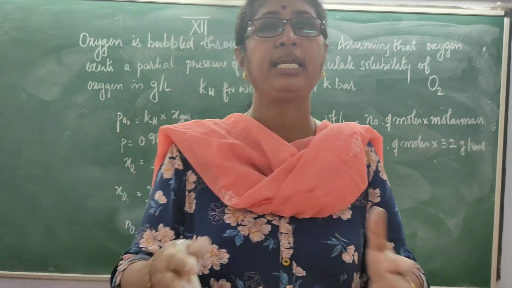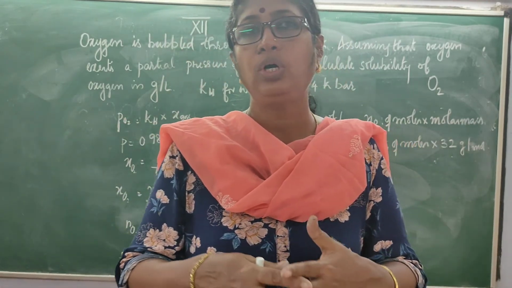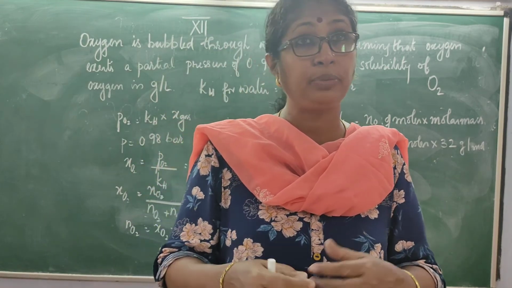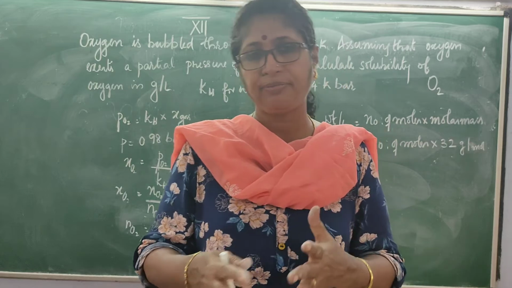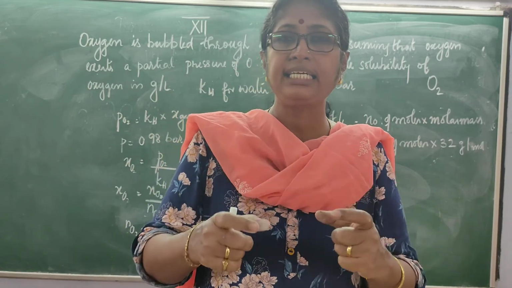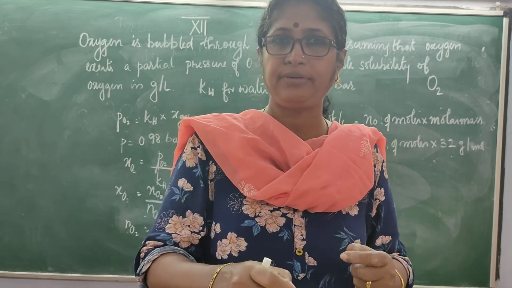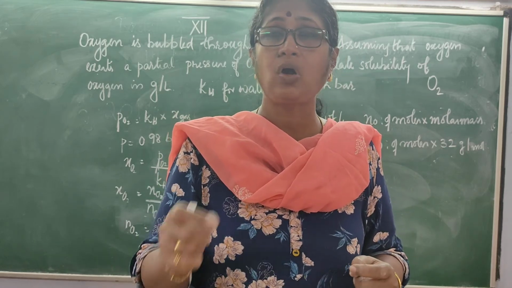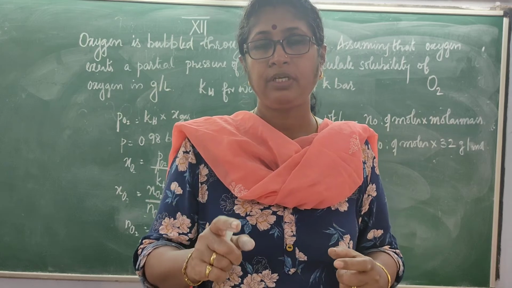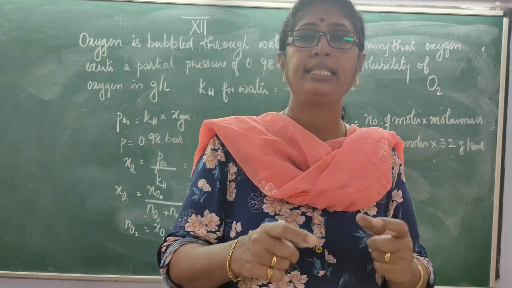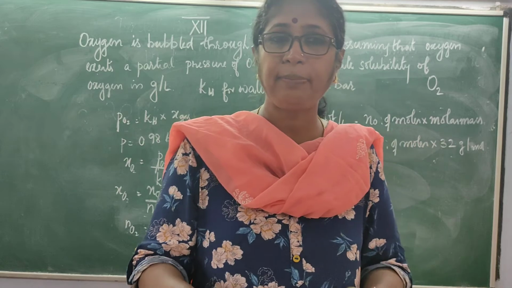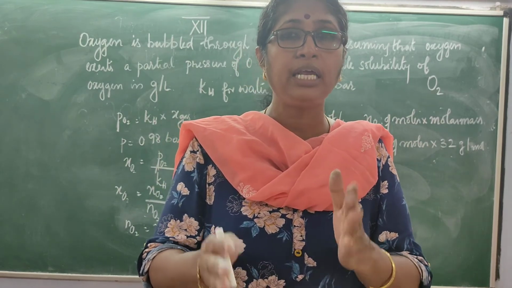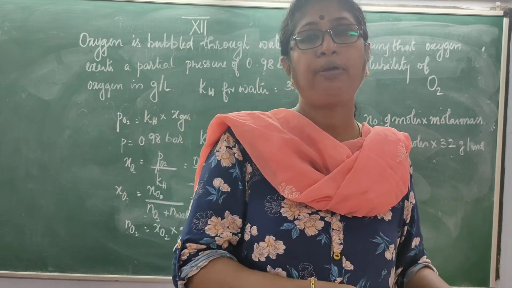At a certain point, the rate of evaporation will become equal to the rate of condensation, and we say the equilibrium is reached between the liquid and the vapor phase. Then the pressure exerted by the vapor on the liquid surface at equilibrium is called equilibrium vapor pressure, or simply vapor pressure. So vapor pressure is the pressure exerted by the vapor over the liquid surface at equilibrium. Which equilibrium? The liquid in equilibrium with the vapor phase.